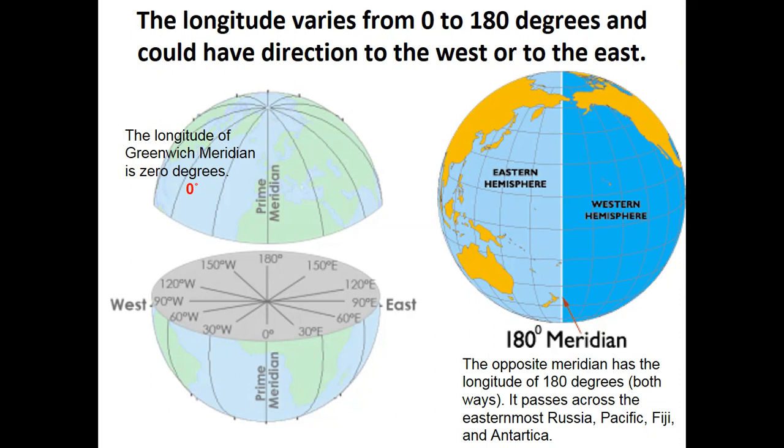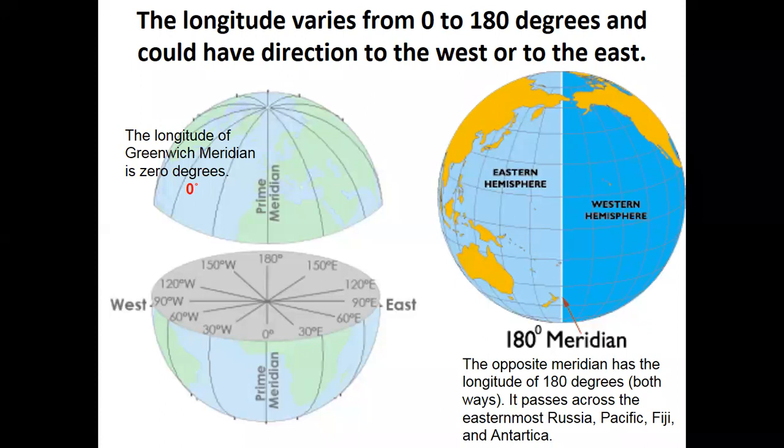On the opposite side of the Earth from the Greenwich meridian, there is the so-called opposite meridian, the 180 degrees meridian, which goes through the Pacific, also passes across the easternmost part of Russia, the Fiji Islands, and Antarctica.